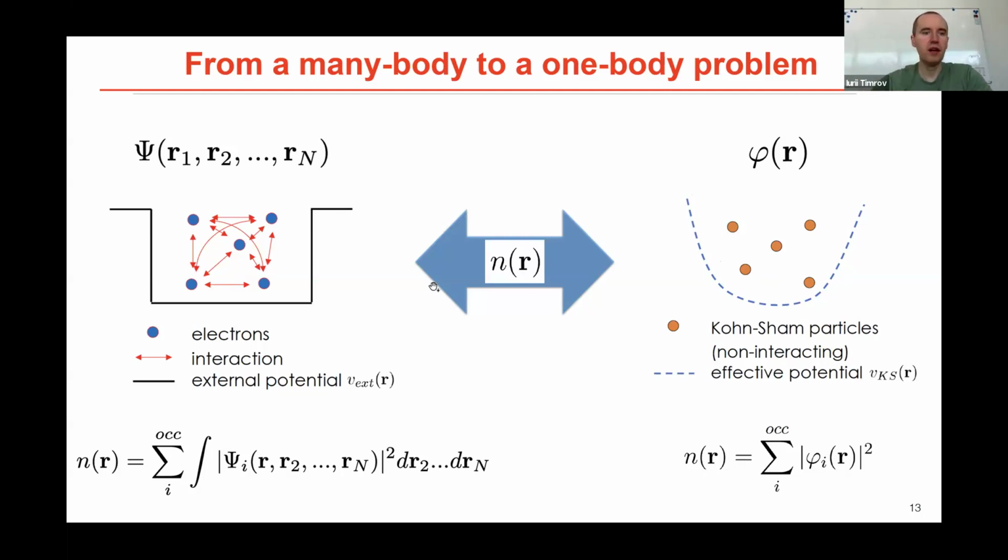So what we do here, we replace a many-body electronic system of interacting electrons moving in an external potential by an auxiliary system of non-interacting electrons moving in an effective potential, the Kohn-Sham potential. So that's the whole idea of density functional theory, simply speaking.